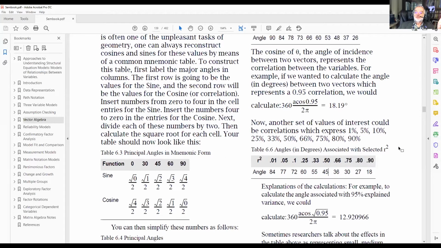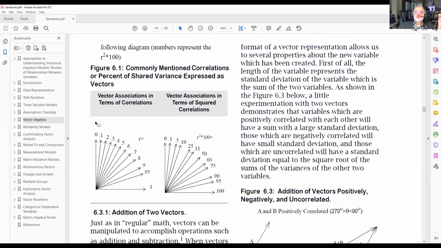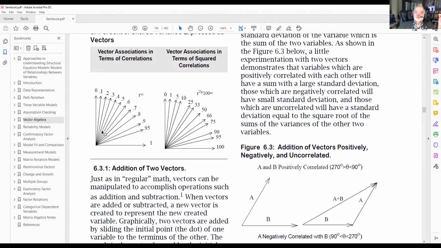And if I'm explaining 90% of the variance, that's an 18-degree angle. So visually, this is what it looks like between two vectors. So here's my 0 correlation, and here's a 0.95 correlation, and so forth. And here's the same degree of relationships between vectors for an R-square model.